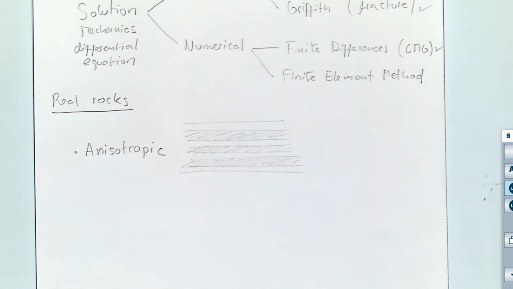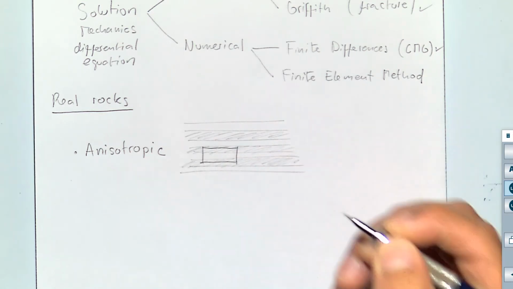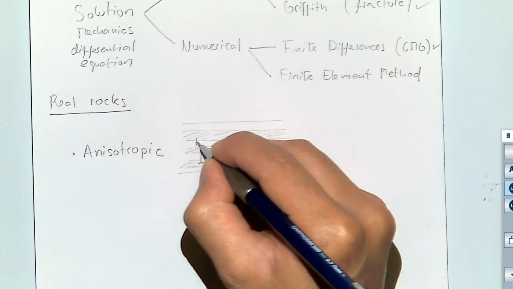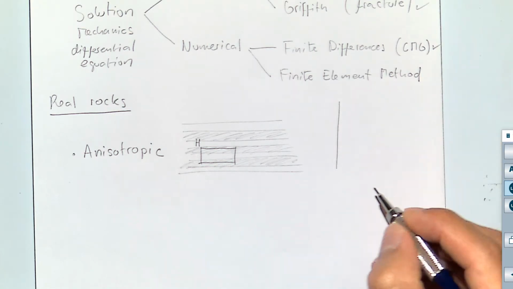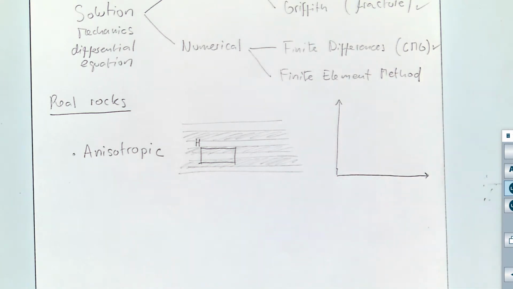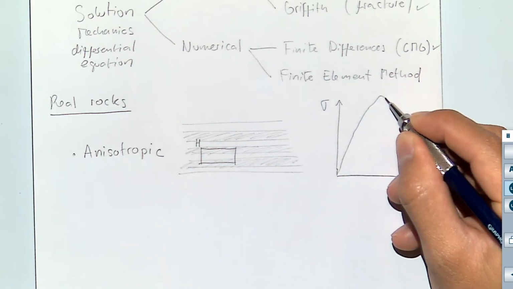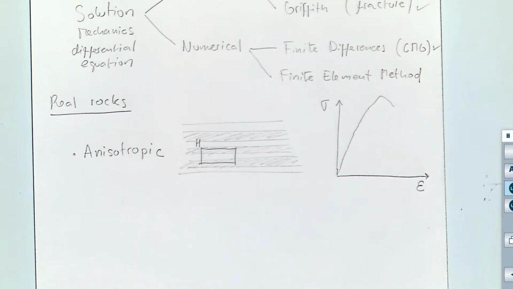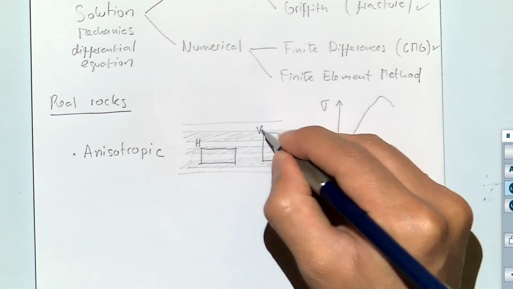Because of that, usually, if you take a sample in horizontal direction and you load it in a load frame in order to measure its Young modulus, you will see that the properties are going to depend on if you take this sample horizontal or if you take it vertical.